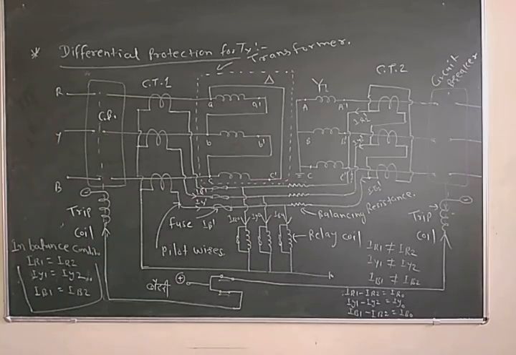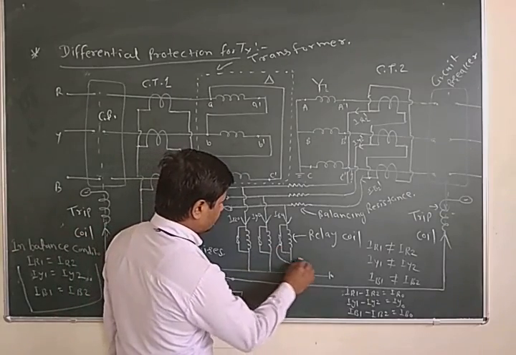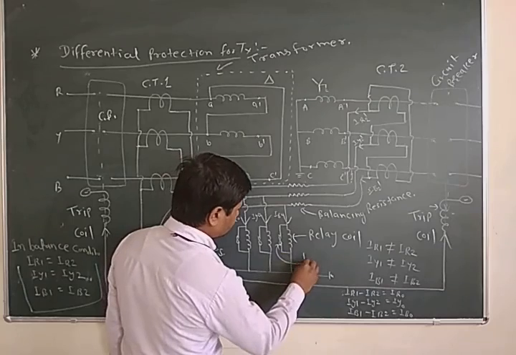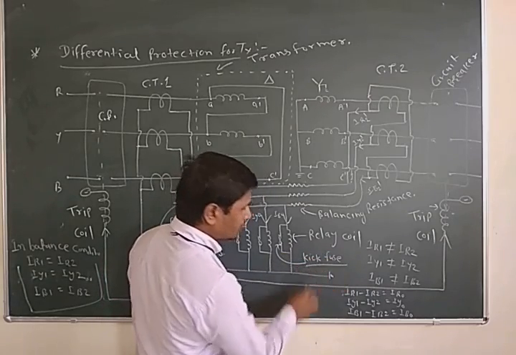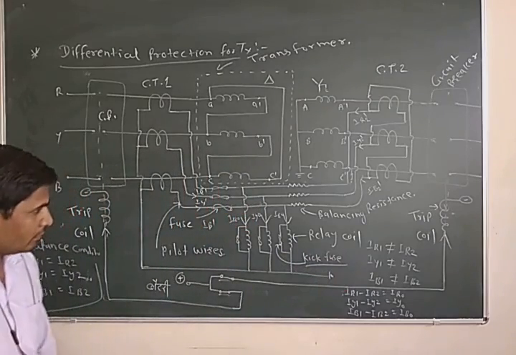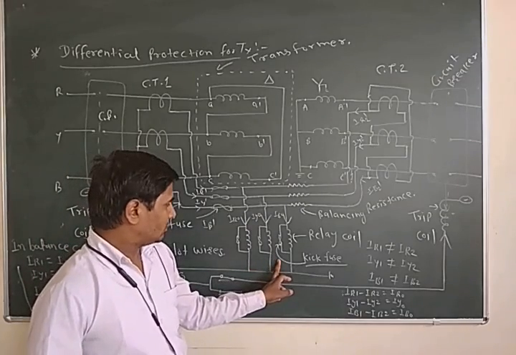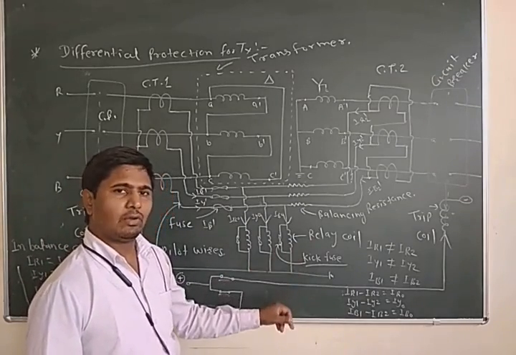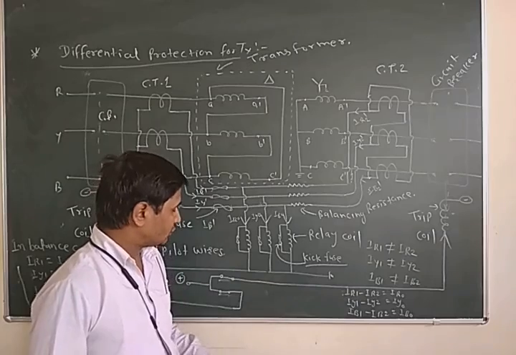Here is one concept: the kick fuse. These fuses with the relay coil are known as kick fuses. These fuses are used to protect the relay coil from unwanted tripping.